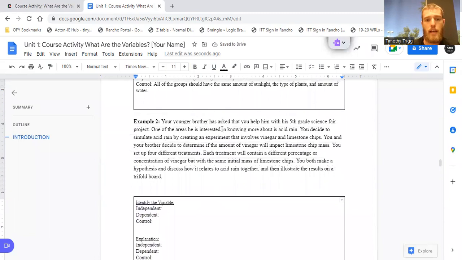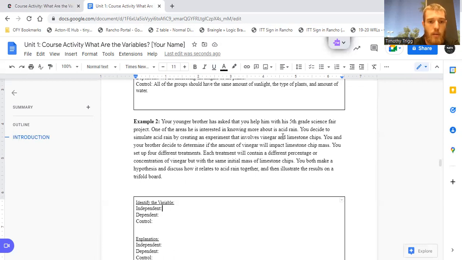Your younger brother has asked you to help him with his 5th grade science fair project. One of the areas he is interested in knowing more about is acid rain. You decide to simulate acid rain by creating an experiment that involves vinegar and limestone chips. You and your brother decide to determine if the amount of vinegar will impact the limestone chips mass.